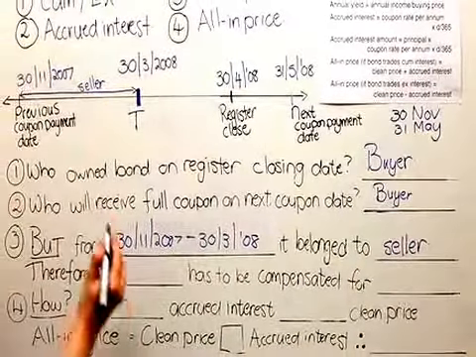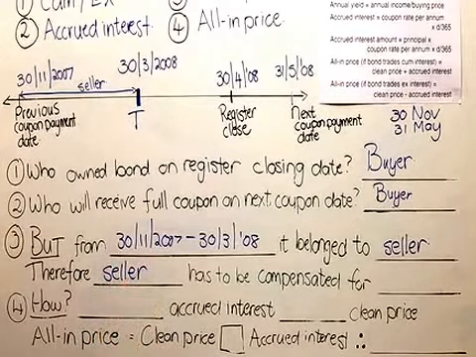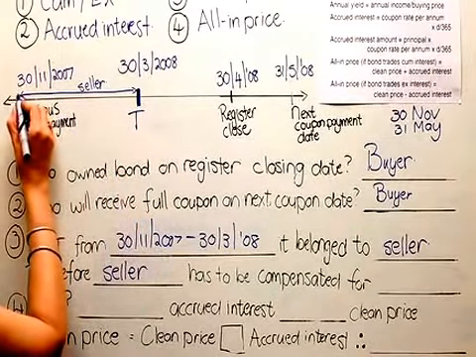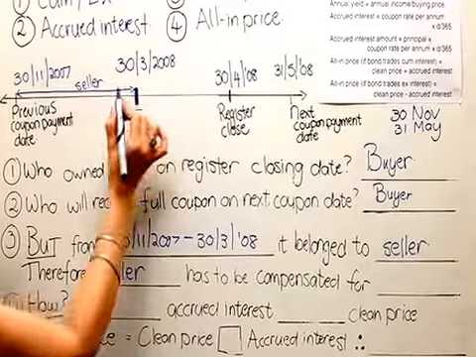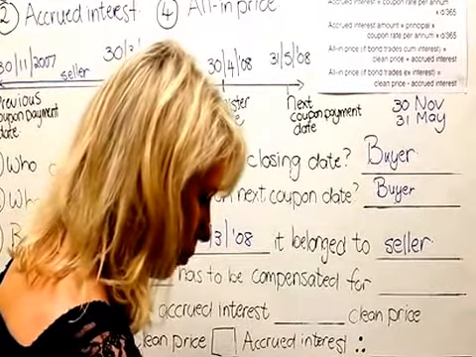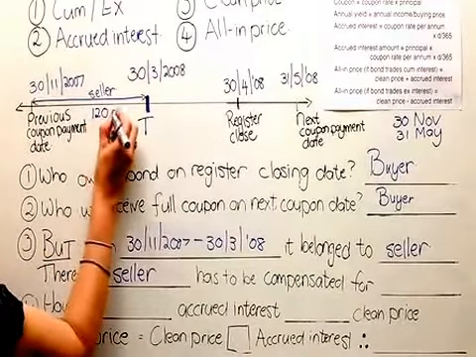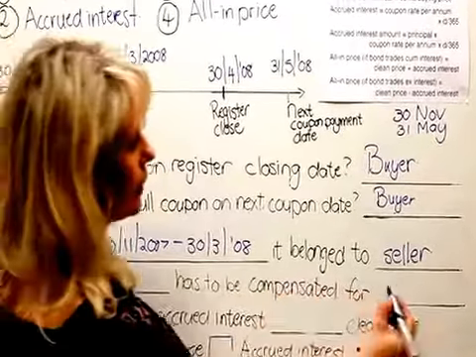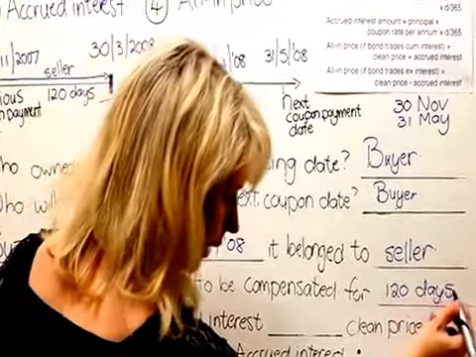And therefore, the seller has to be compensated for this period. And in the question, it is indicated that the number of days is 120 days. So the seller has to be compensated for accrued interest for 120 days.